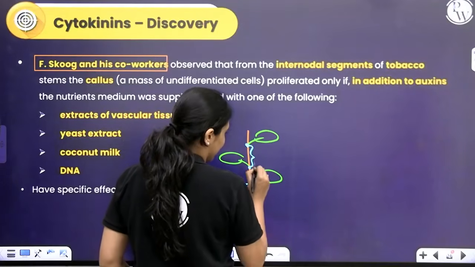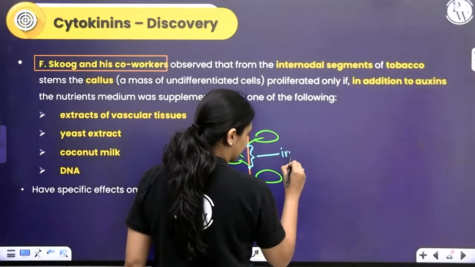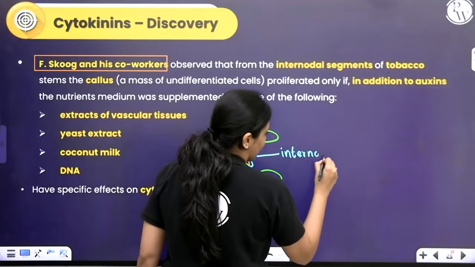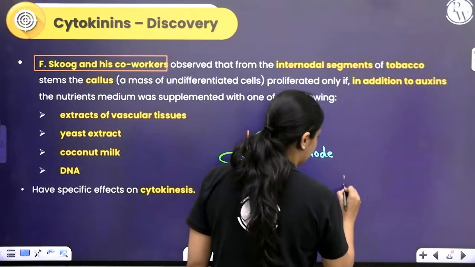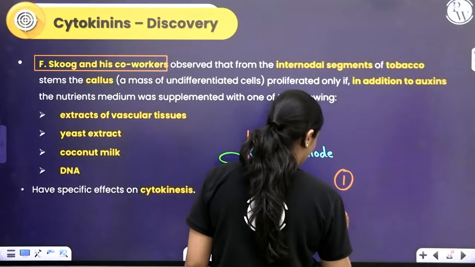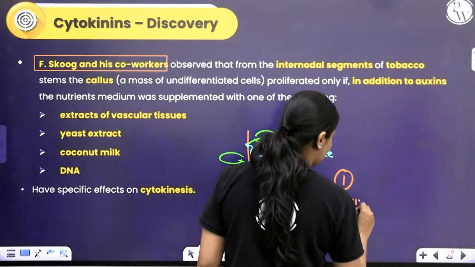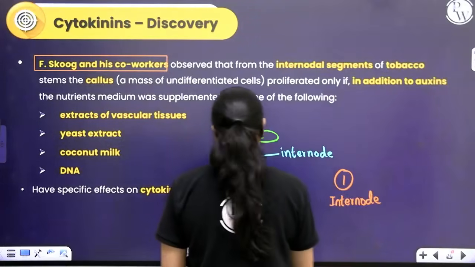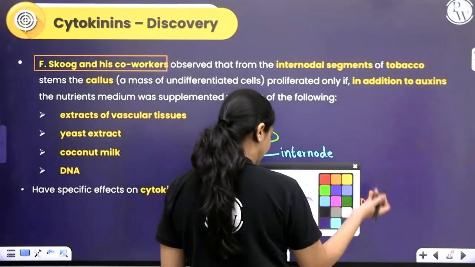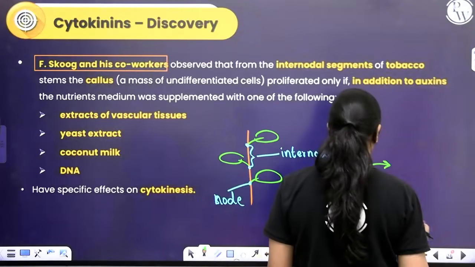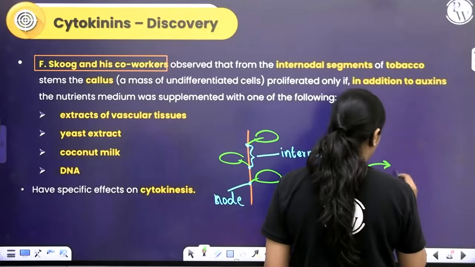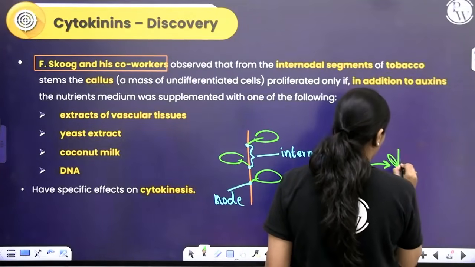The region between the nodes is called the internode. So they were trying to get an entire plant from just the internodal segments. That is what they do in tissue culture. They take just the leaf part and get the entire plant. They take just a part of the stem and get the entire plant. From just the internodal segments, they were trying to obtain whole plants.